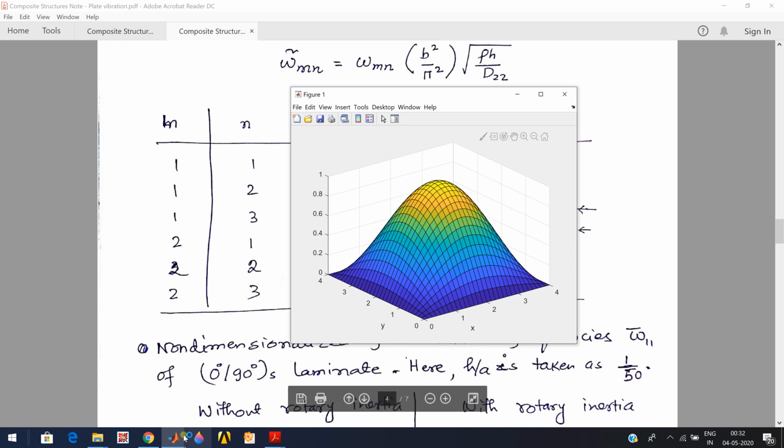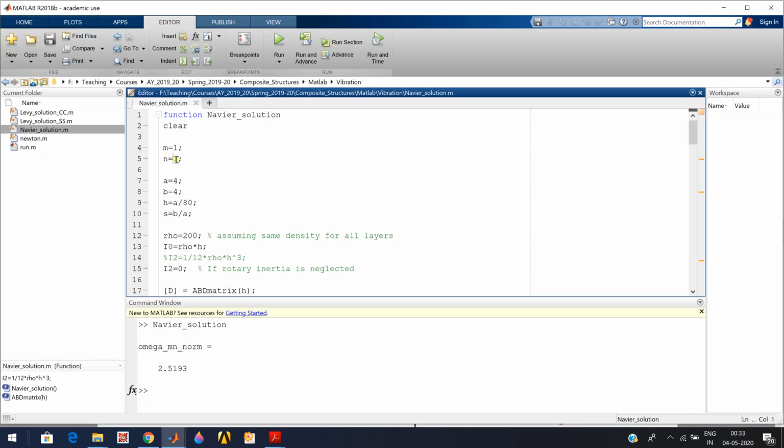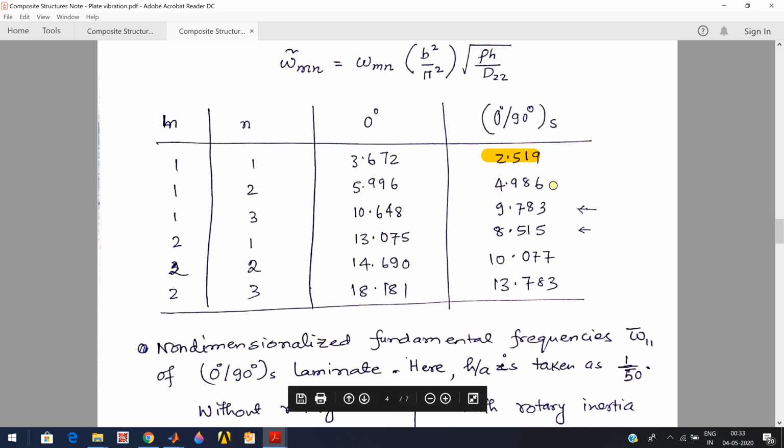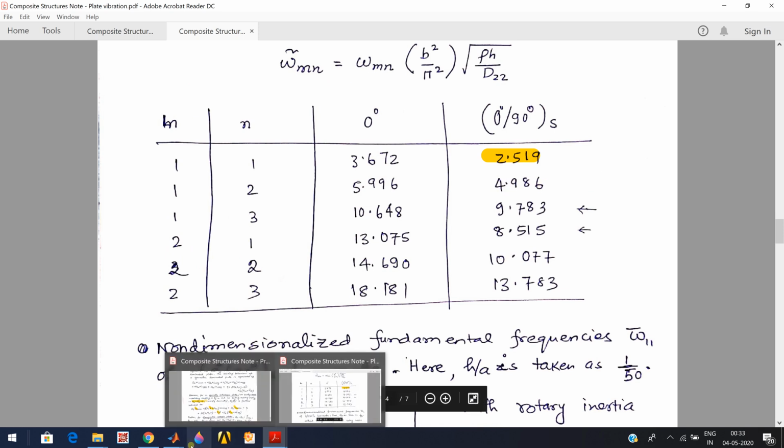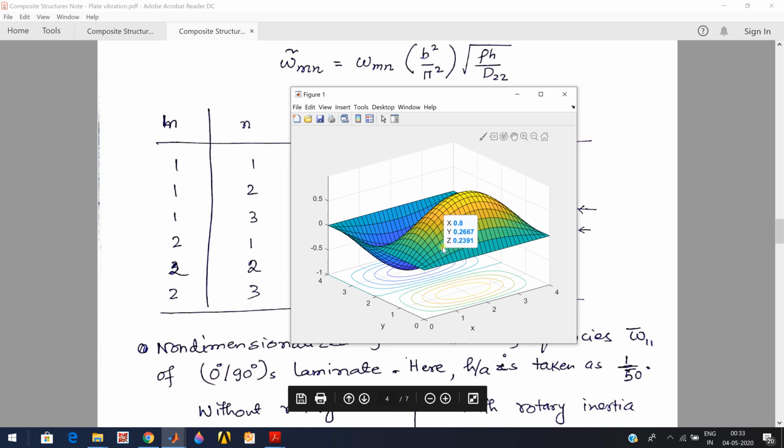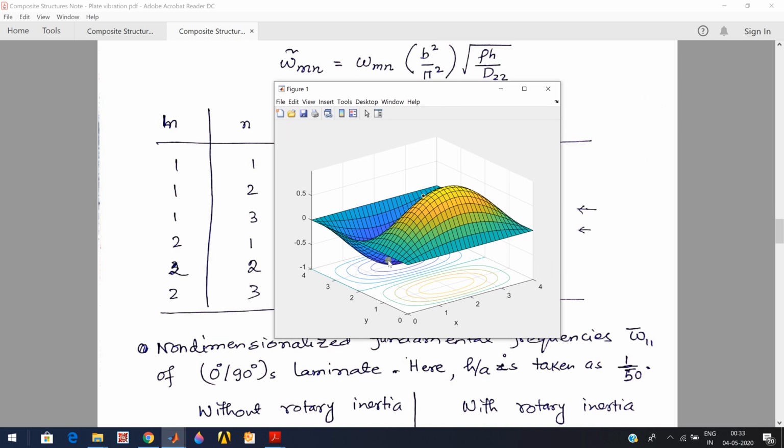So I can just change this to m1 n2 and get 4.9859, which is written here, and you can see the mode shape. n2 means along y you have two half sine waves, so that means one full sine wave, and along x you have one half sine wave, like this. So that is your mode shape for m1 and n2.